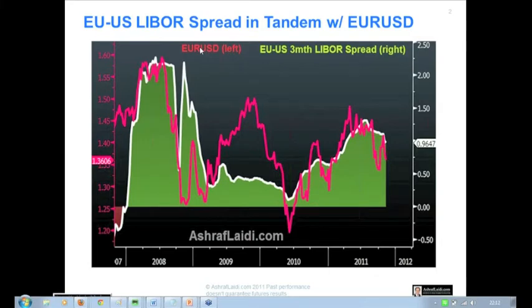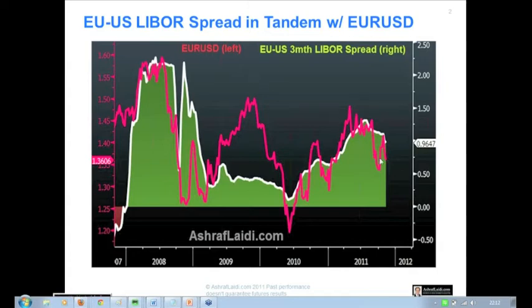When the sun is shining and the sky is blue and the birds are singing and everything is fine, the Europeans are not panicking and they don't want dollars, so the cost of dollars doesn't go up. So the euro LIBOR cost is still well above that of the US. When things go bad, demand for dollars goes up, the LIBOR goes up, and the difference from the euro goes down.